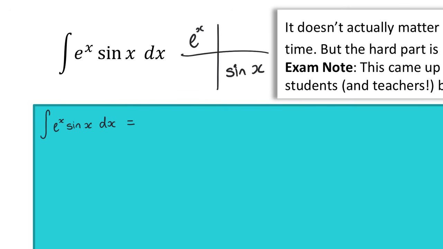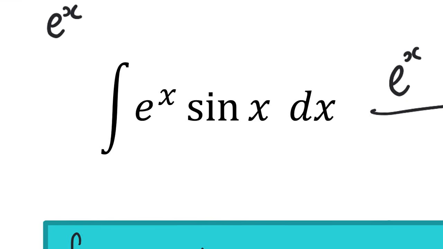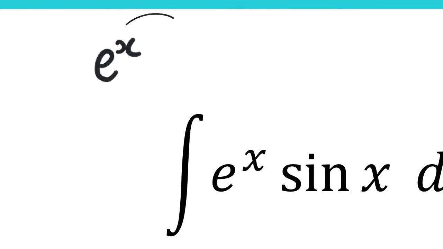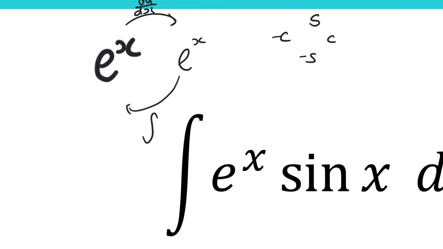What we're going to notice with this is that e to the x, what does it differentiate to? And what does it integrate to? So this one's like literally, we're going up, down, it's like a circle, never ending. And then when we have sine and cos and minus cos, what does sine differentiate to?